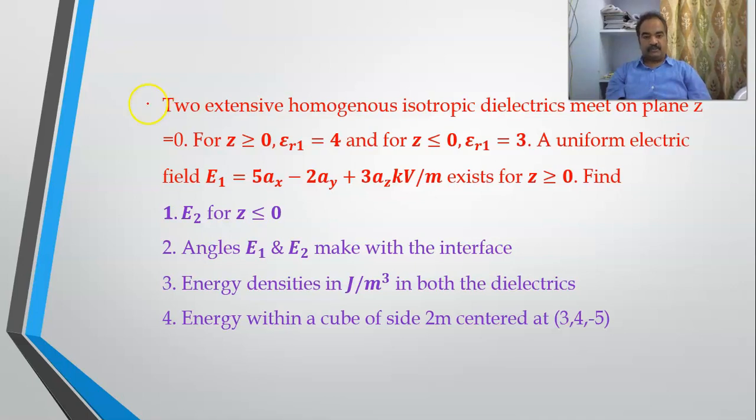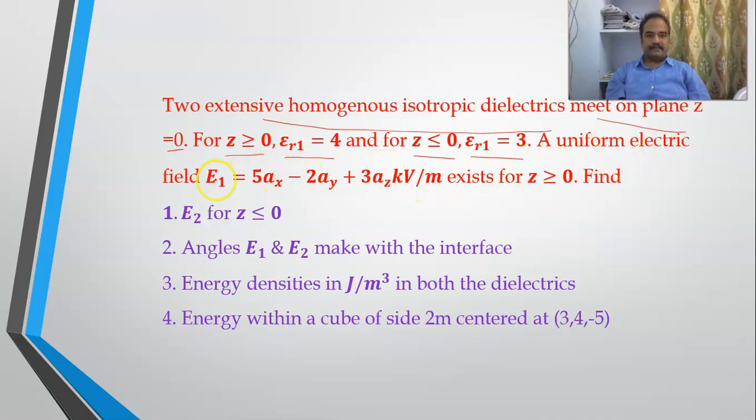See, the question states that there are two extensive homogeneous isotropic dielectrics which meet on plane z is equal to 0. For z is greater than 0, epsilon r1 is equal to 4, and for z is less than 0, epsilon r2 is equal to 3.